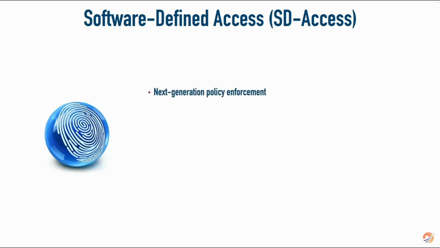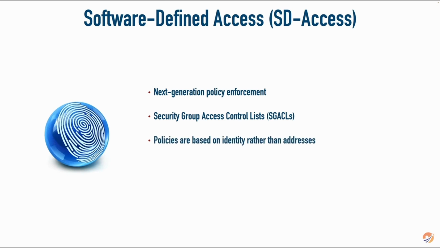Instead of having individual access control lists that say this IP address can go to this other IP address using this TCP port number, here we're going to use security group ACLs. So here, rather than identifying someone based on the IP address they're using at the moment, it's based on their identity. And their identity is going to be defined on a device called Cisco ISE, the Identity Services Engine.